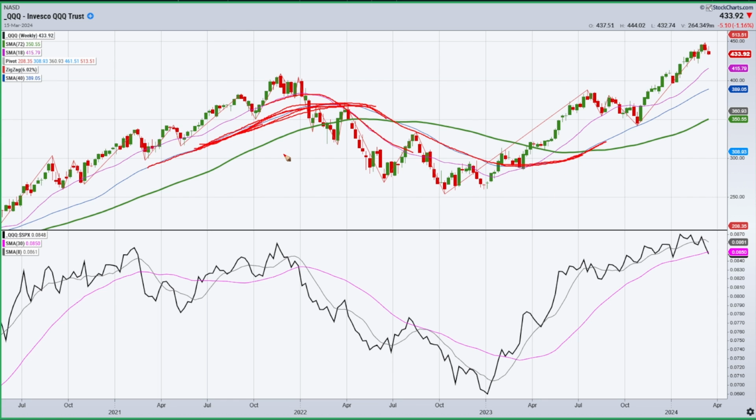Now, what I was trying to find back in the 90s when we were doing screening was something that had spent essentially 70% of the last year or 2 years below its 200. So we've got a 200-day and we've spent all this time below it.